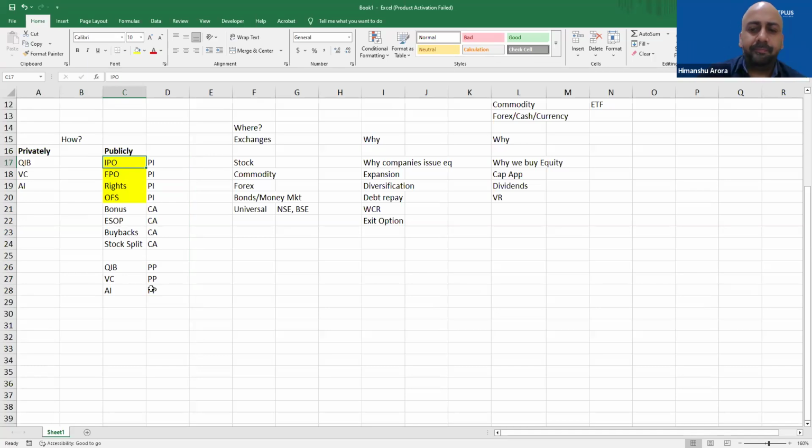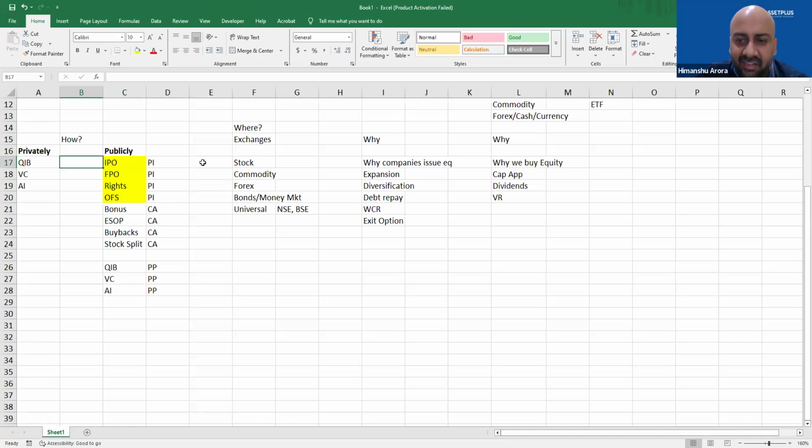So what's an IPO? Whenever an unlisted entity issues shares for the very first time and becomes part of the public domain, the listed space, it is called IPO. So whenever an unlisted company issues shares for the very first time to the common public, to a large set of population, then it is called IPO.